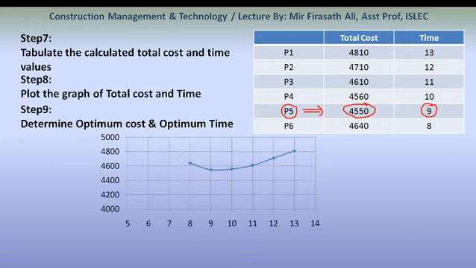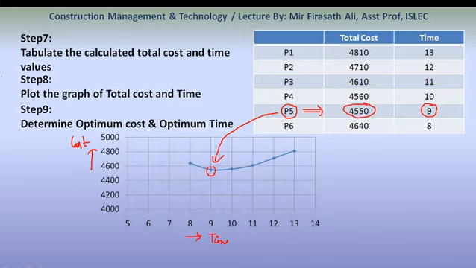Here we denote project cost on the y axis, and on the x axis it is time. At this point we have minimum cost and minimum time. If we locate this point 5 in the graph, we have 4,550 and 9 days.